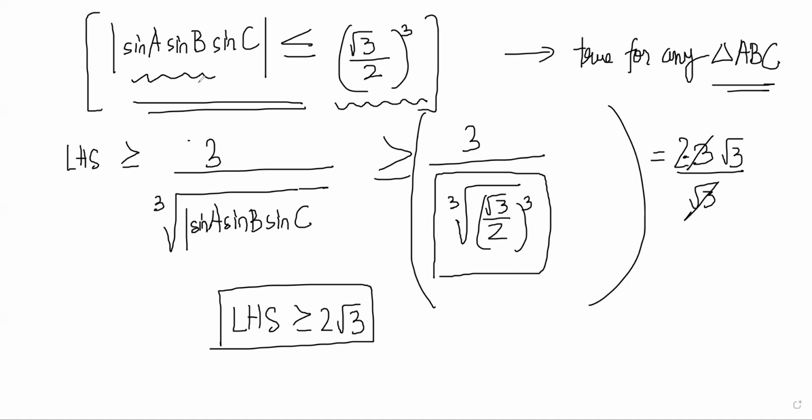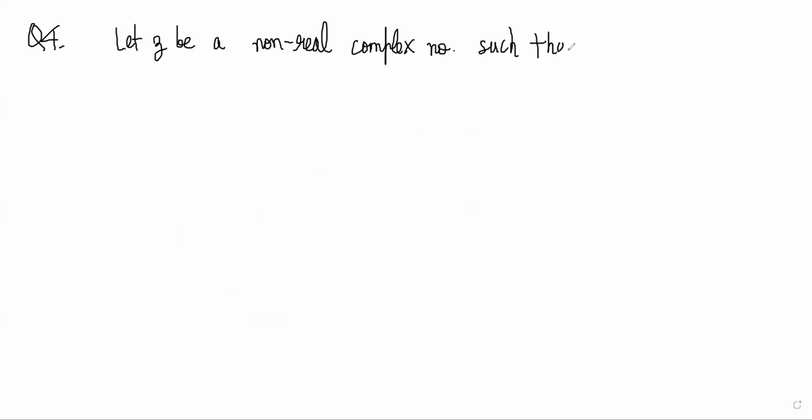Okay, let's go on to the next problem. Right, so the next problem is this one. Let Z be a non-real complex number such that Z cube plus 1 is equal to 0.